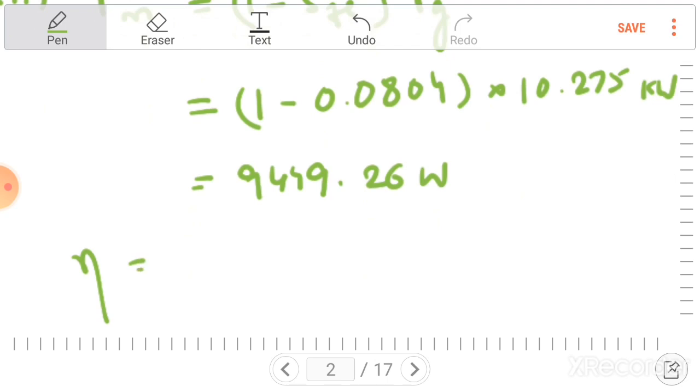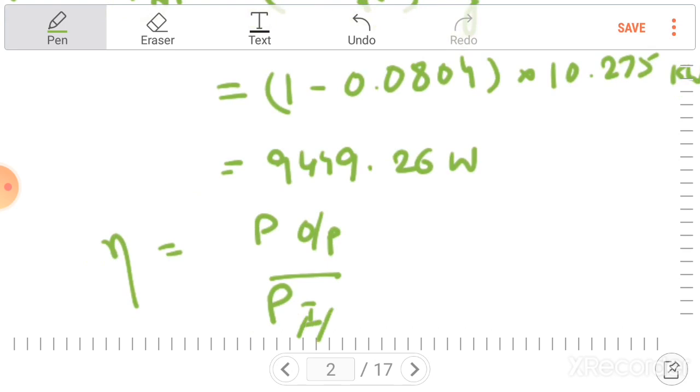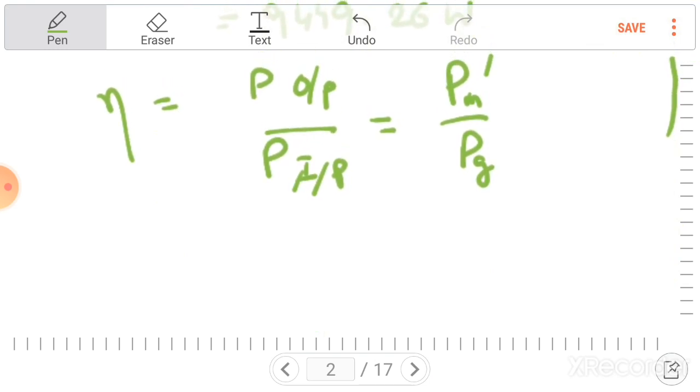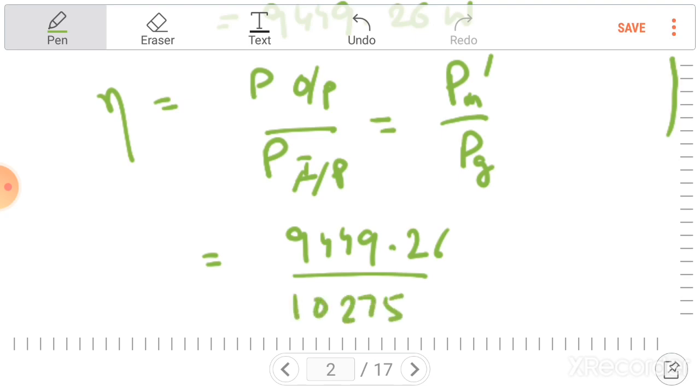Now the efficiency is equal to P output divided by P input. Output power is equal to Pm dash and input power is Pg. Putting the values, Pm dash is 9449.26 divided by Pg, which is 10275.4.